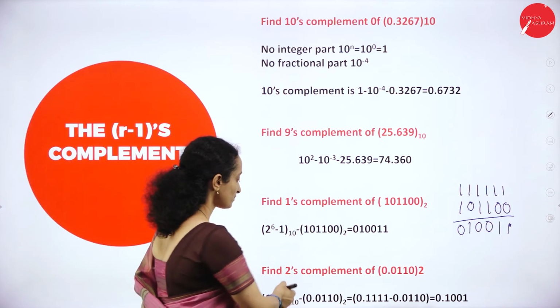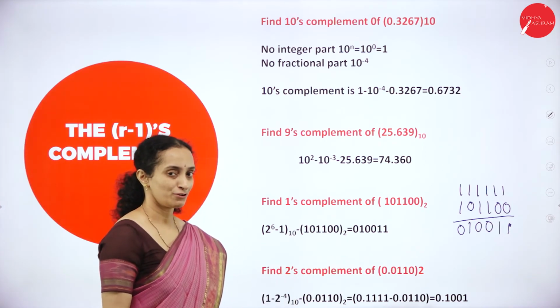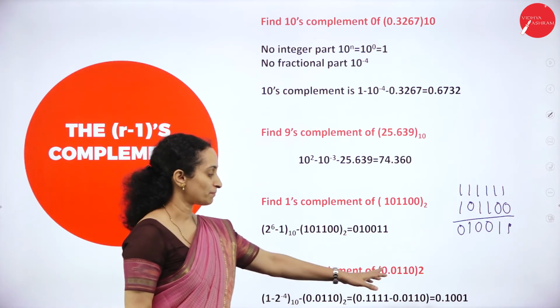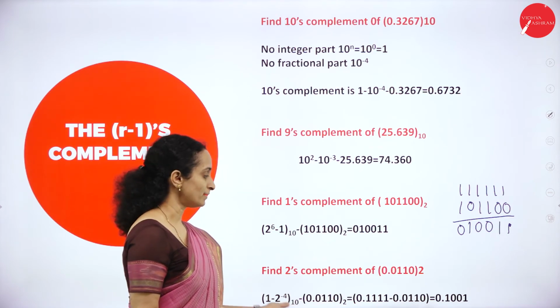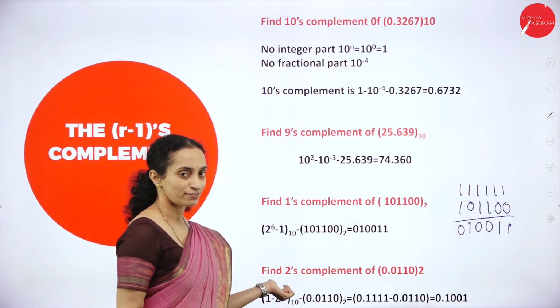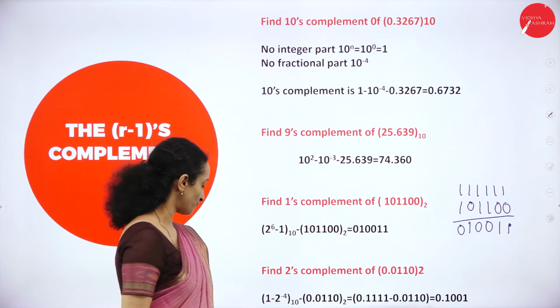All right. If you have a fractional part, there is no integer part. So it will be 2 to the power of 0, which is 1, minus 2 to the power of minus 4.